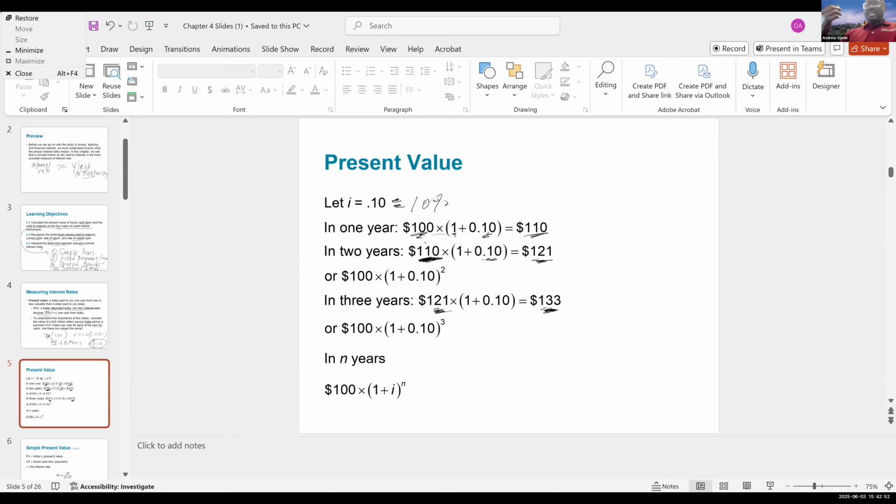Okay, so we can write this formula in a much more condensed form. Let me open a new slide here.